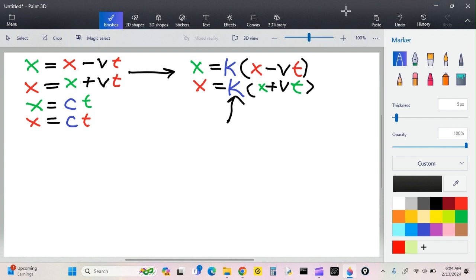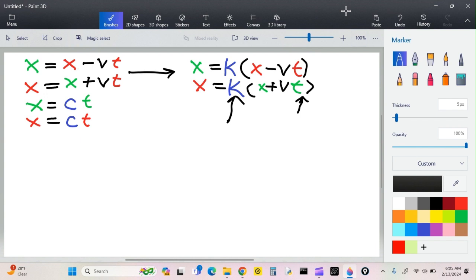The key point is that the t's are different here. We've got a green t and a red t. You thought that time was the same all around, but something tells us that that's not the case. What tells us that that's not the case? Well, x, the change in x.